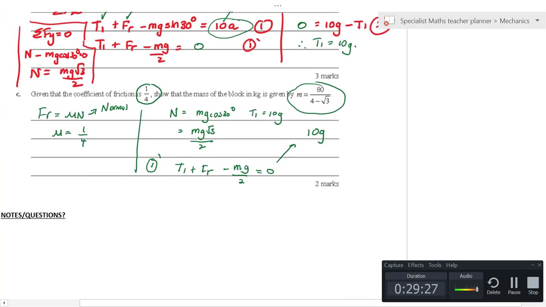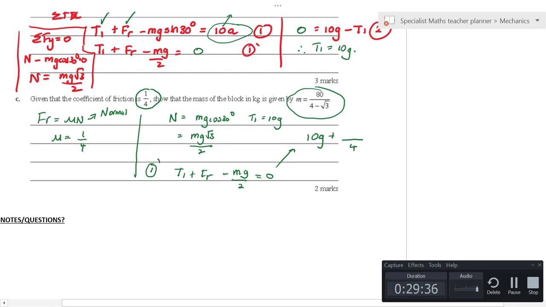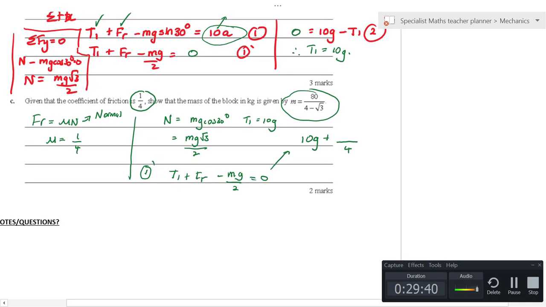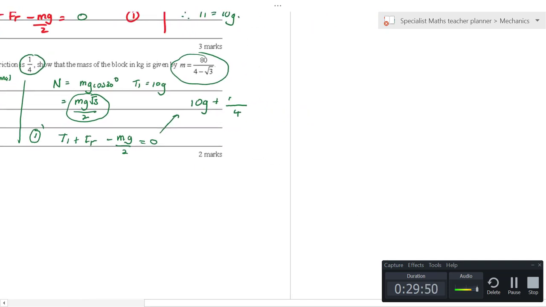Now, the friction is mu N, which is 1 over 4, and N is mg root 3 on 2, which we just worked out over here. So therefore, that would be mg root 3 over 4 times 2.